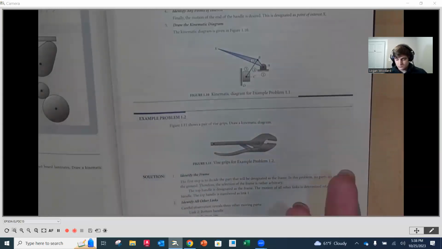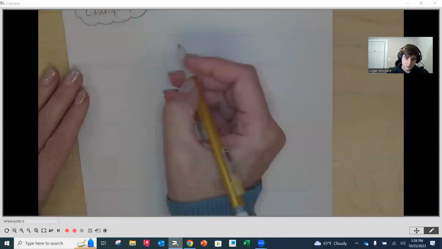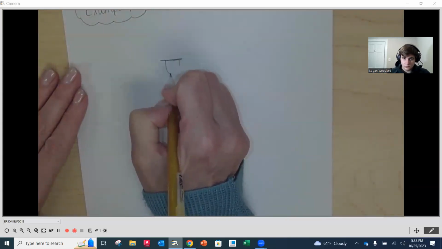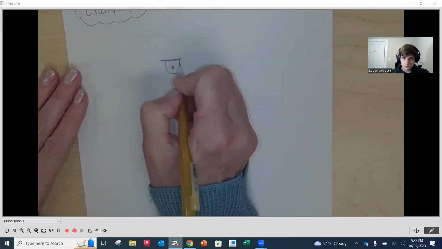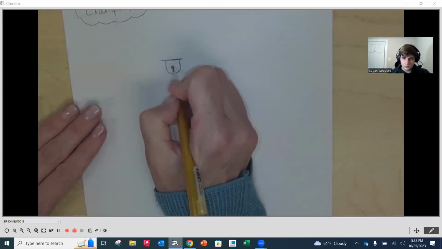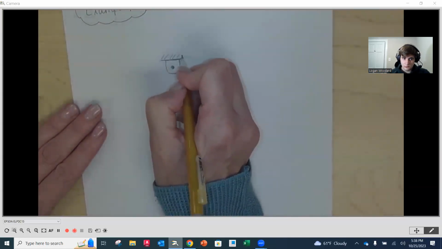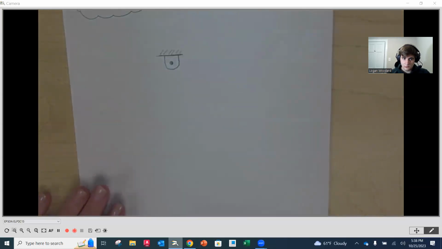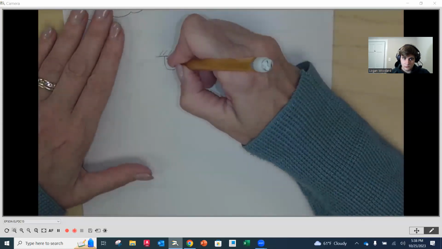Otherwise, it wouldn't be wrong to do it like that, but just to keep it cleaner and out of the way. So I'm going to draw my first frame member. It's going to be a horizontal line. And again, I'm sketching, so it doesn't have to be perfect. When you do it in AutoCAD, it will be perfect. Okay. So that's my frame member for that first connection on the left.